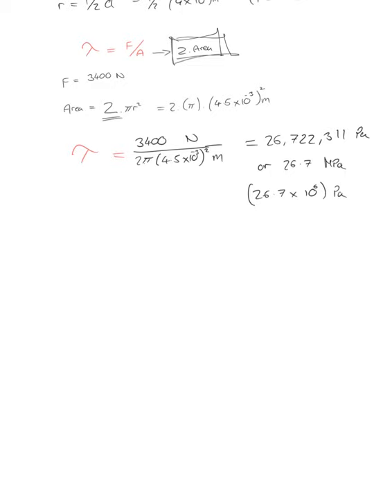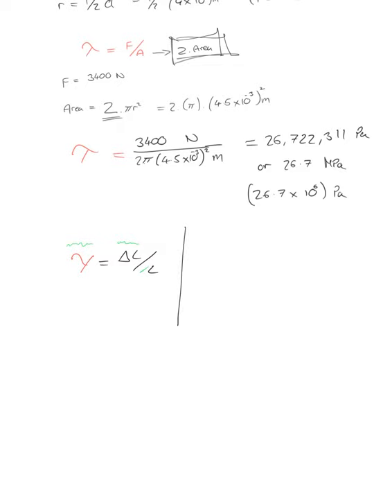The second question asked me to find shear strain. So formulas I know that include shear strain: strain equals change in length over length. Similar to the first one, I know length. I don't know what the change in length in this system is going to be, and I don't know what the strain is. That's what I've been asked to find.